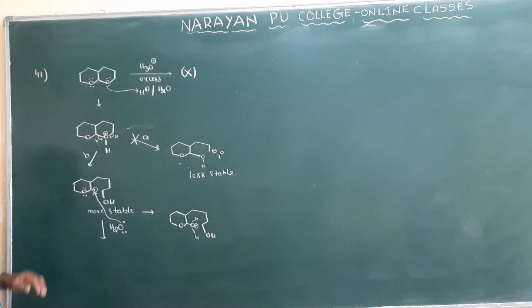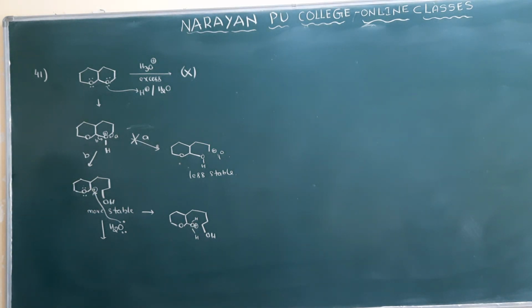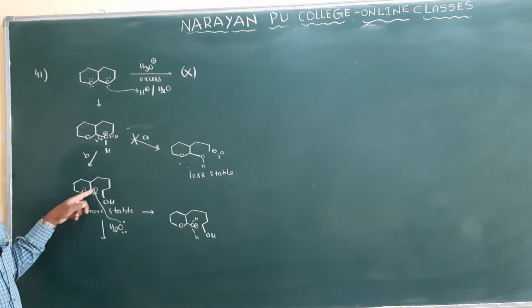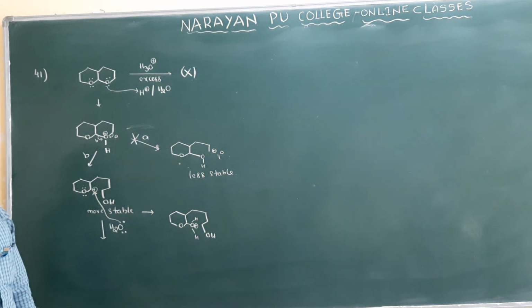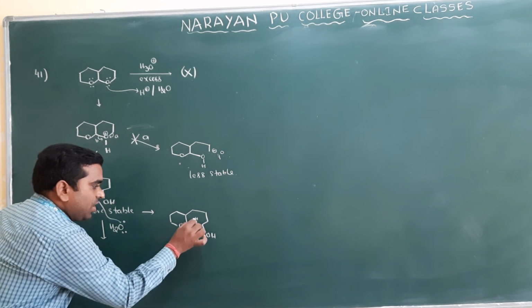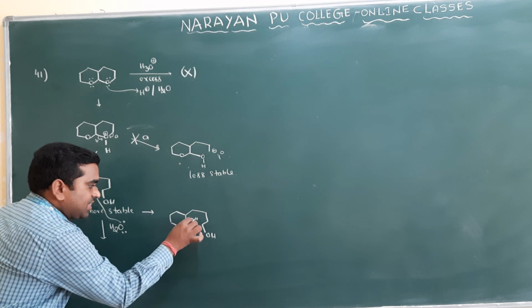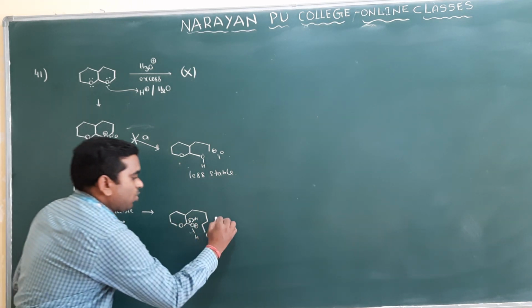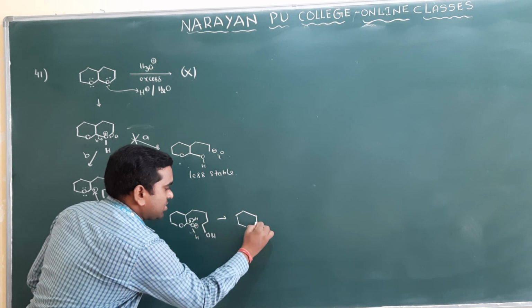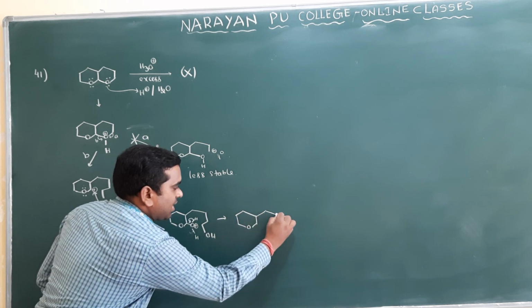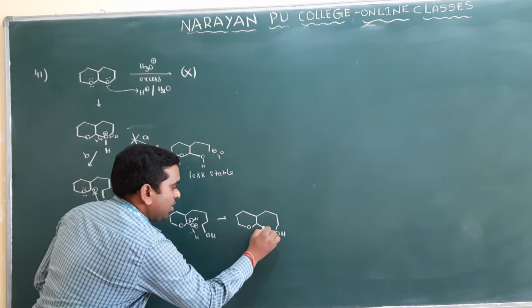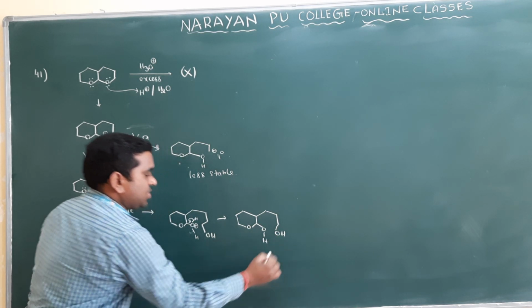Oxygen gets the positive charge because oxygen is losing electrons and carbon is gaining electrons. Whenever oxygen gets a positive charge, it is unstable, so it takes the electron from hydrogen. Then you will get the compound with oxygen, OH, and here O and H.